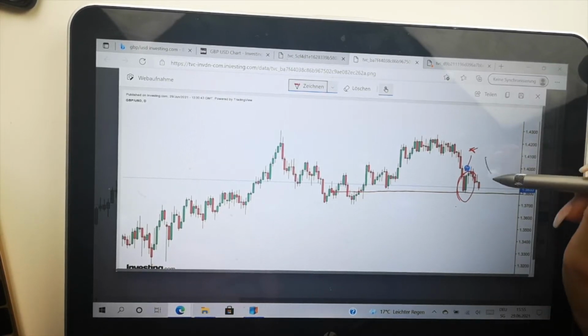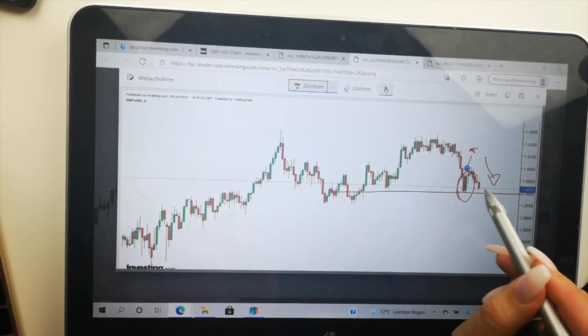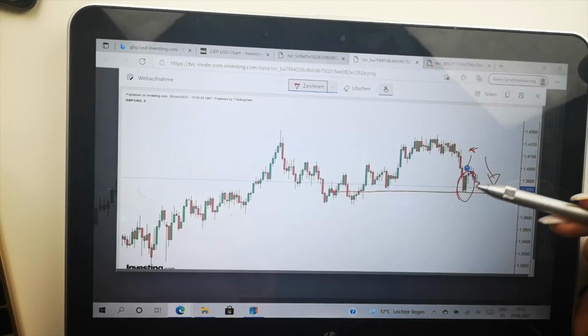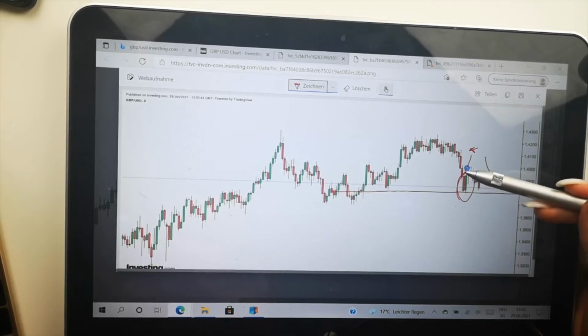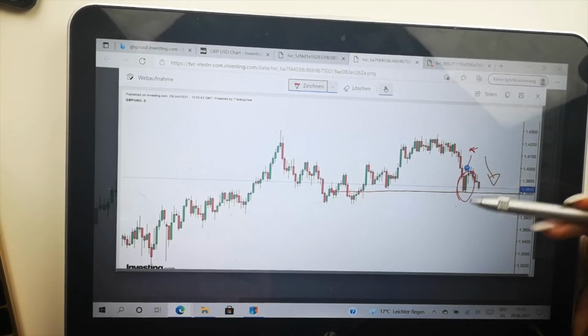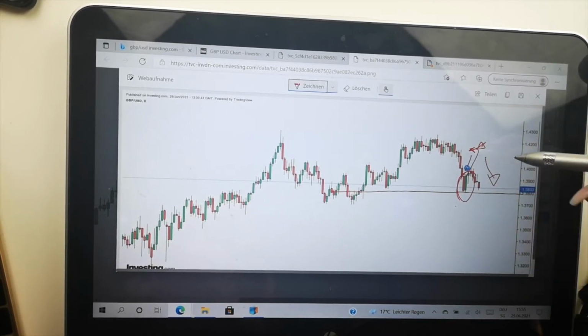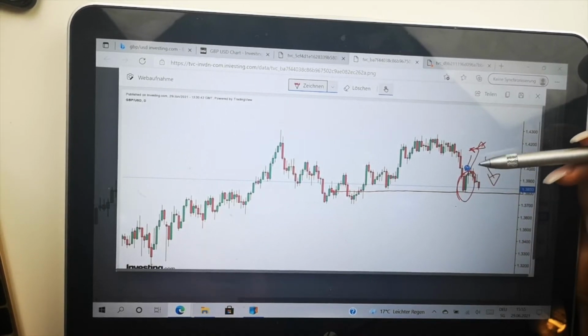And price went down. So I am looking for a buying opportunity nearby, because after such a bullish, reliable engulfing pattern, I was expecting the price to go up, but not right away.